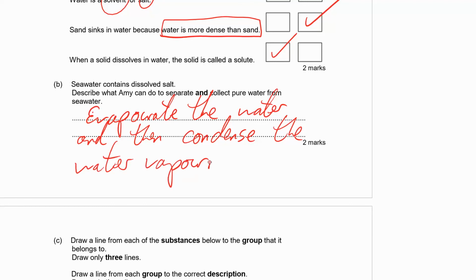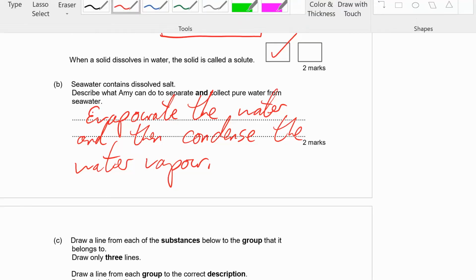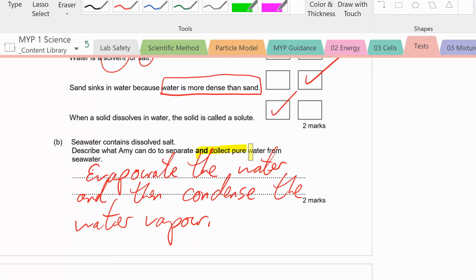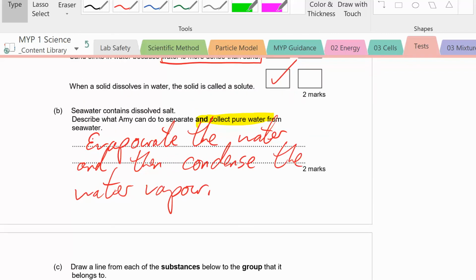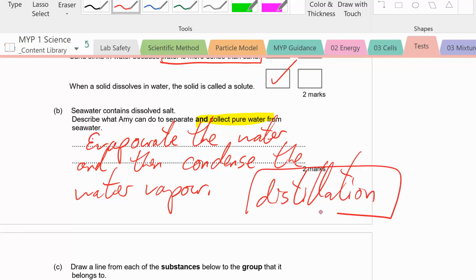Okay, for 2 marks. So the crucial thing here being collect the pure water. Yes, she doesn't just want to evaporate the water and let it go. So you evaporate the water, but then you need to condense that water vapor. And you could have essentially said distillation for 2 marks, because this is what distillation is.